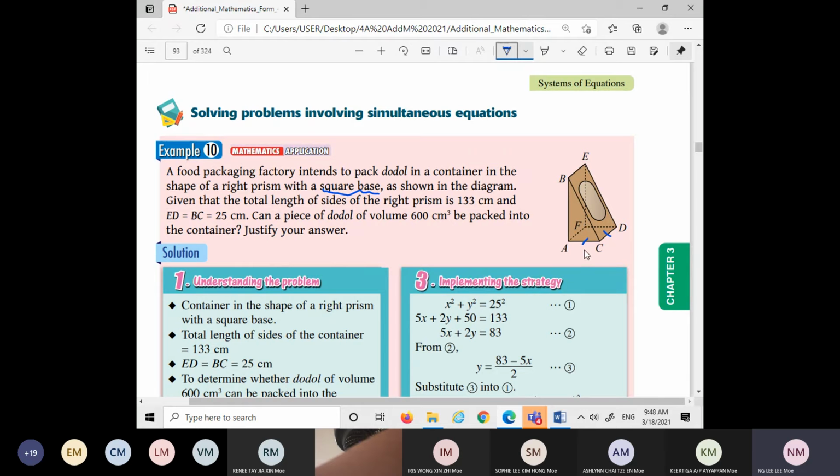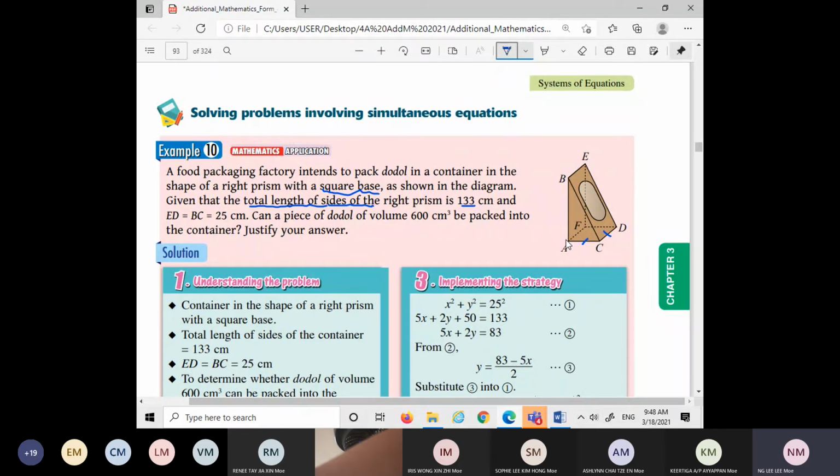Given that the total length of the sides of the right prism is 133. Total length of sides means all the sides add up, in three dimensions, is 133.